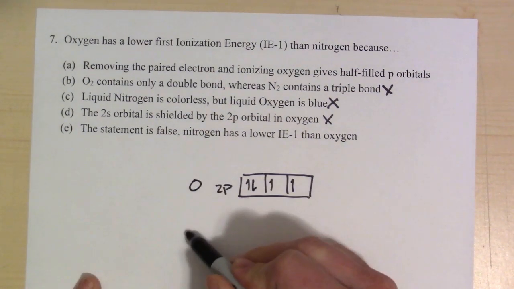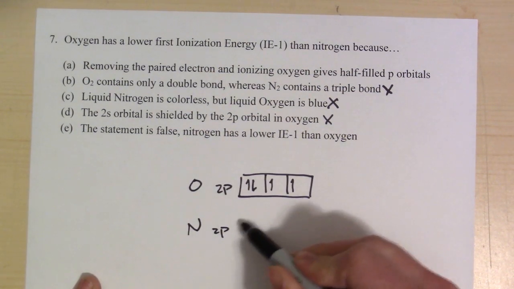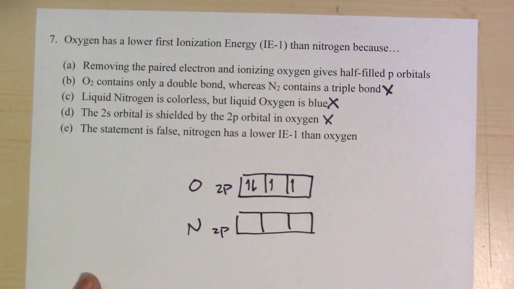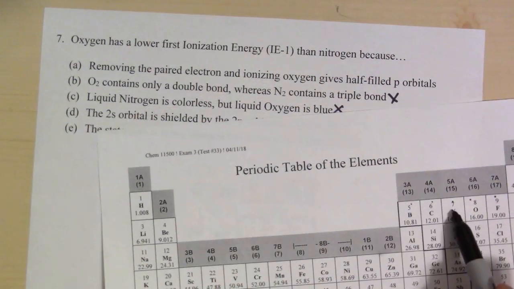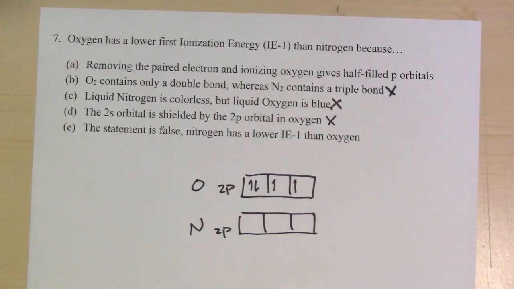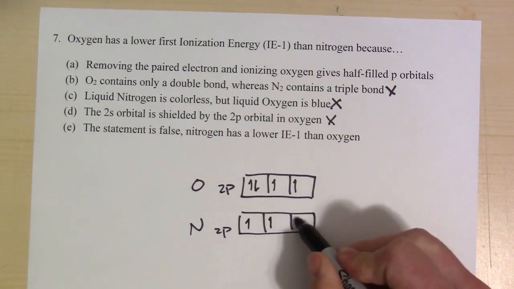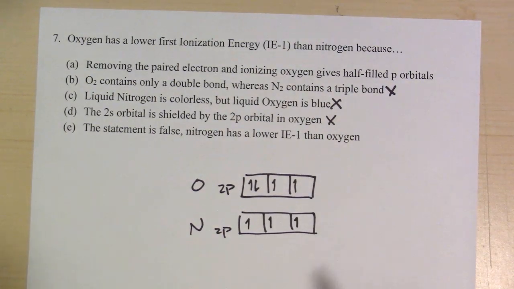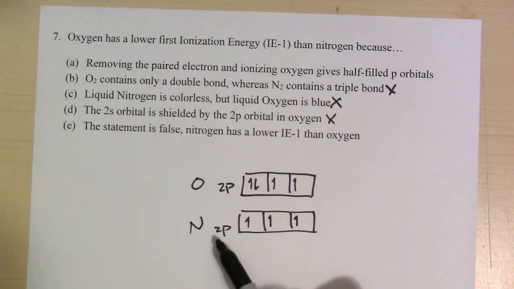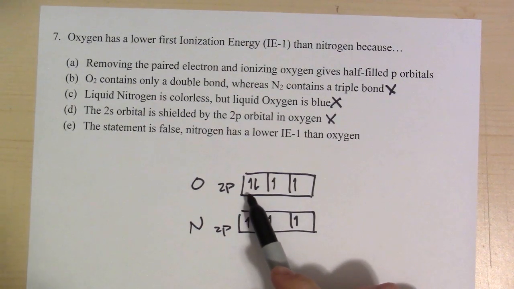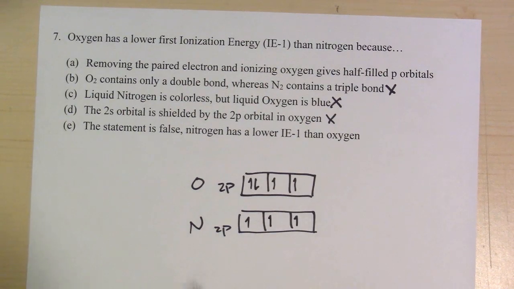So this is oxygen. So if we look at our nitrogen 2p orbital, nitrogen is the 3rd atom in the p shell, so it'll have 3 electrons like that. So nitrogen 2p orbital is currently half filled. Oxygen has 1 completely filled and 2 half filled.